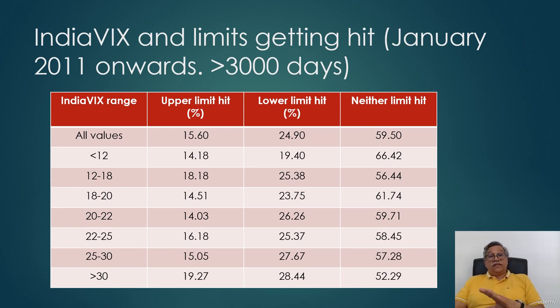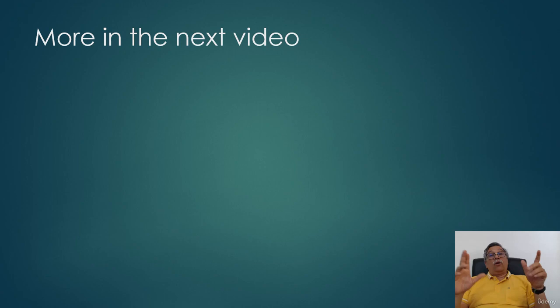Even if the limit is touched or crossed, it again comes back, and on average 78% of the time the daily close is between the upper and lower limits we are calculating. This strategy was tested on more than 3,000 days and is found to be a successful strategy. More about this in the next video.